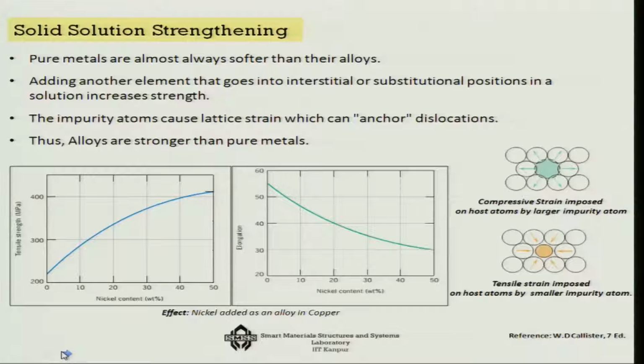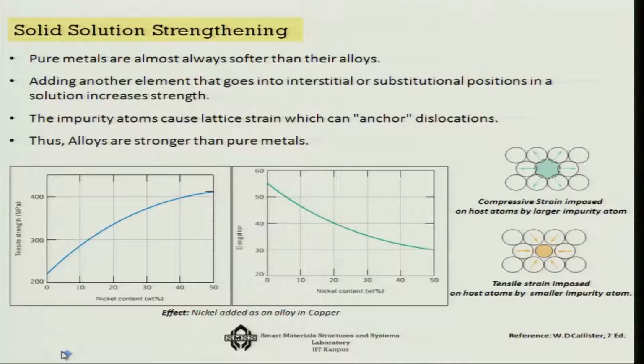Now, let us talk about another form of strengthening, known as solid solution strengthening. In this case the strengthening occurs because of the so-called pinning by impurities inside the grain, which stops the growth of the dislocation or the dislocation piling.